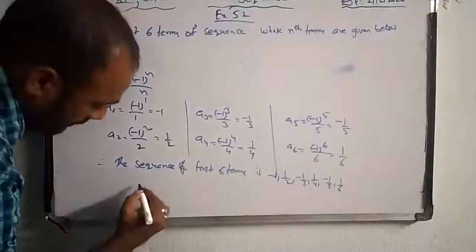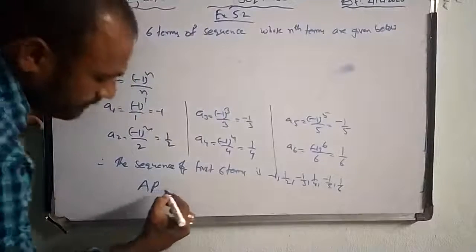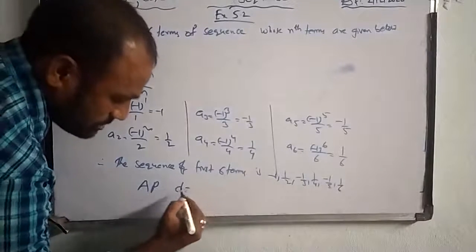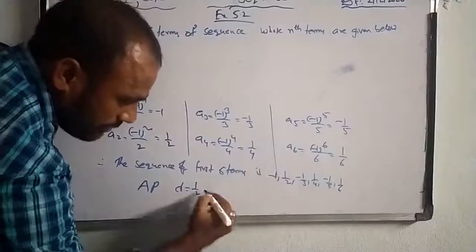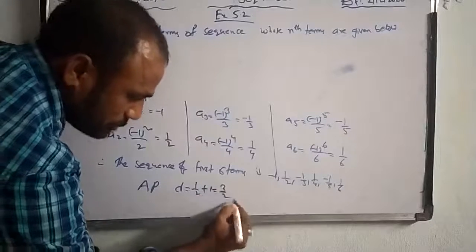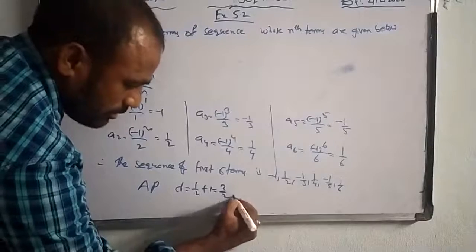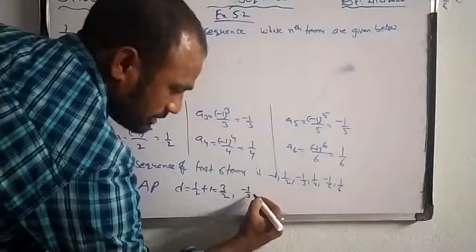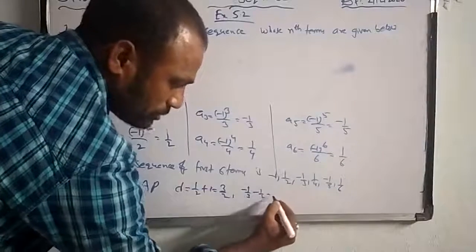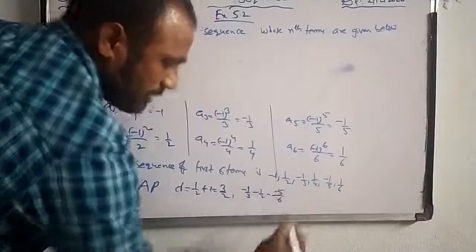So to check if it is an AP, I will check the common difference first. Common difference is A2 minus A1, 1 by 2 plus 1, that is 3 by 2. The other common difference is -1 by 3 minus 1 by 2, which is -5 by 6.